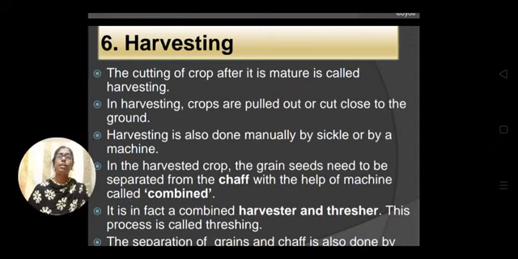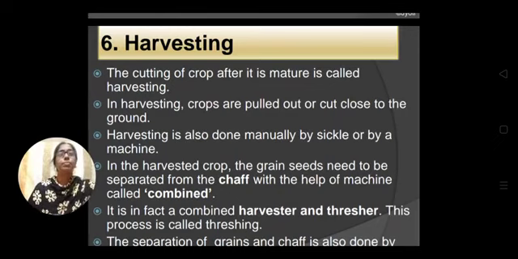I will show you the diagram of the combine. The combine does two functions. Combinedly it does two functions, that's why it is known as a combine. What is done by this machine? Harvesting as well as threshing.